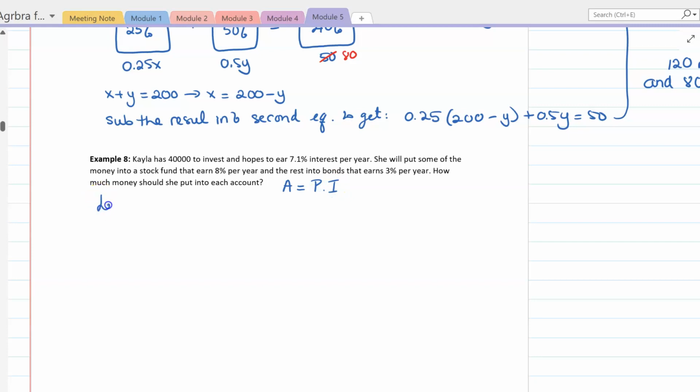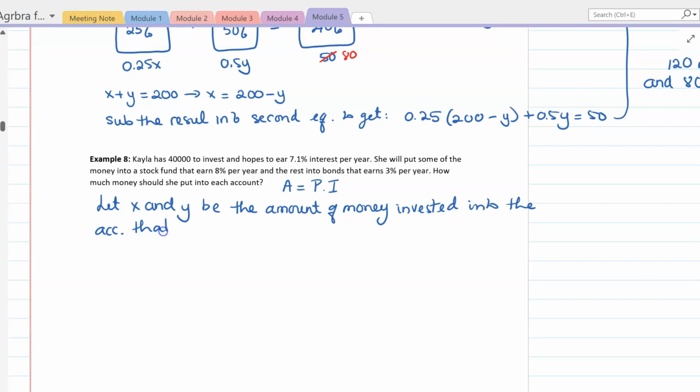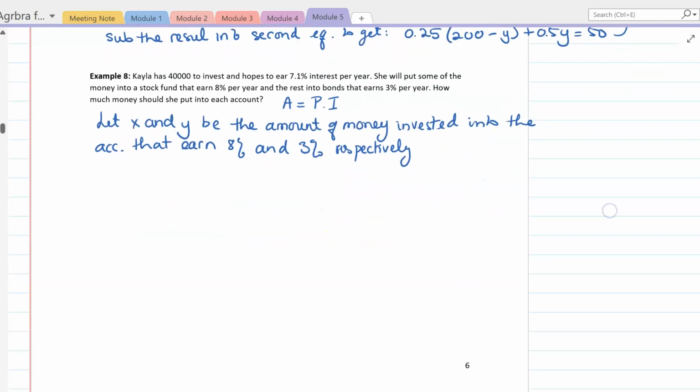Okay, so let x and y be the amount of money invested into the account respectively. Okay, so I go ahead and make the table.